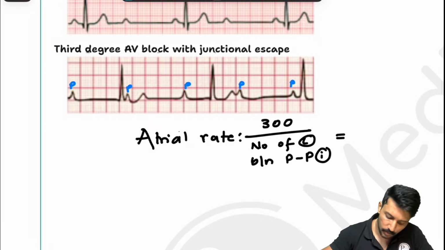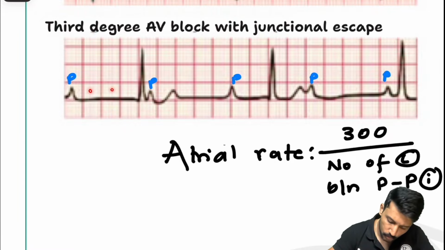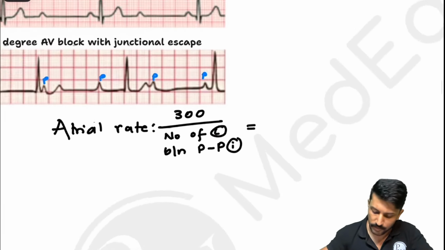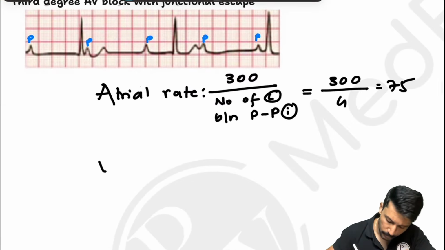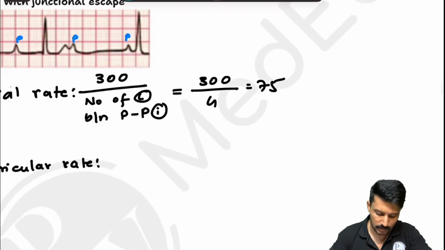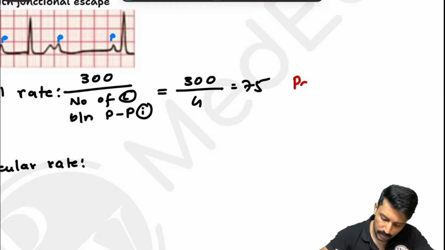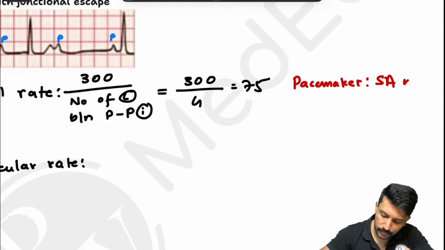So how much will it turn out to be? As you see here, 1, 2, 3, half this side, so I can count it as 4. So 300 divided by 4 is 75. But what about ventricular rate? Which pacing structure has a rate of 60 to 100? SA node. So it means the pacemaker for atria in this patient is the SA node.